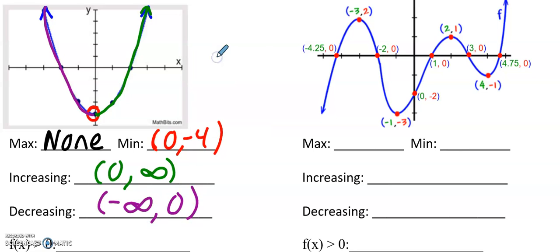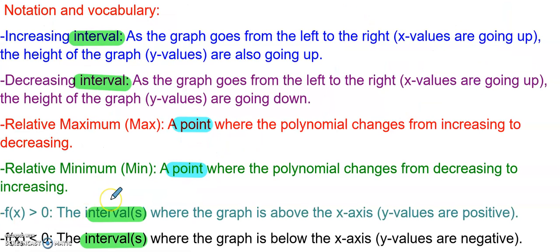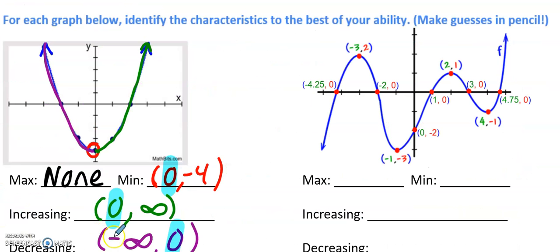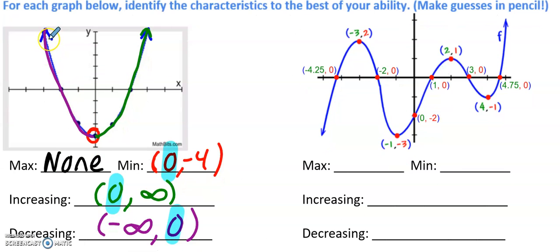So what I want to emphasize, using my fun highlighter, is that this 0 and this 0 are all related. So remember, when we talk about our definitions over here, a minimum is a point where the polynomial changes from decreasing to increasing. And so the polynomial is decreasing, we hit the minimum, and then we increase. The x coordinate of the minimum is going to be where that change occurs.